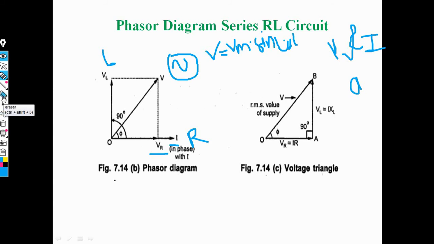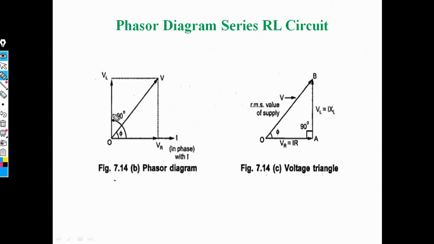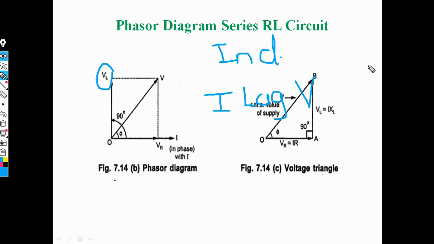But for the inductance, current I is lagged by voltage by 90 degree.